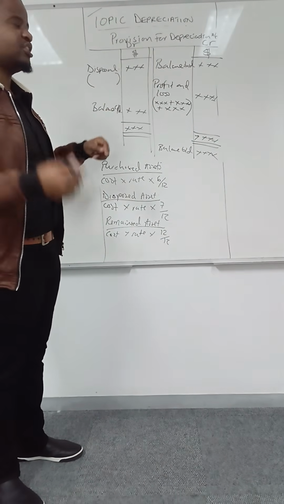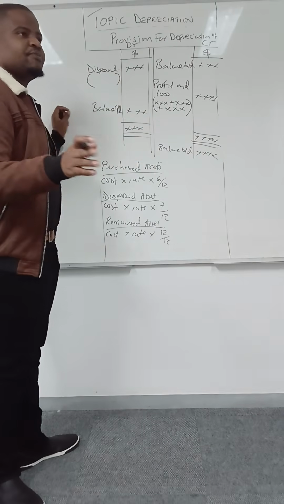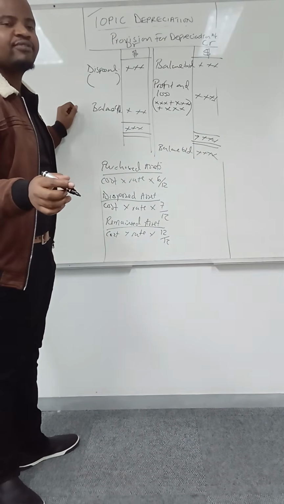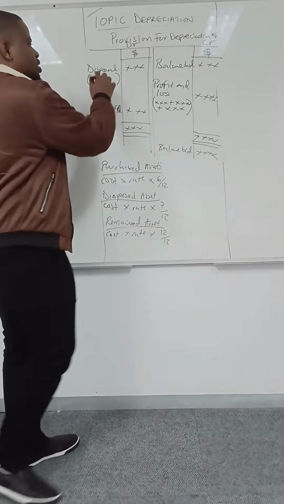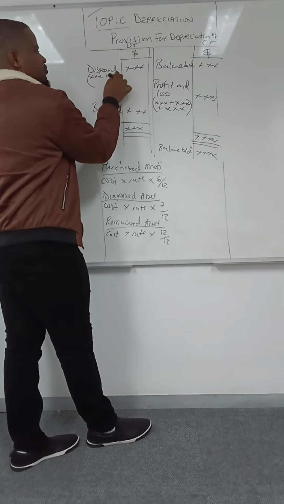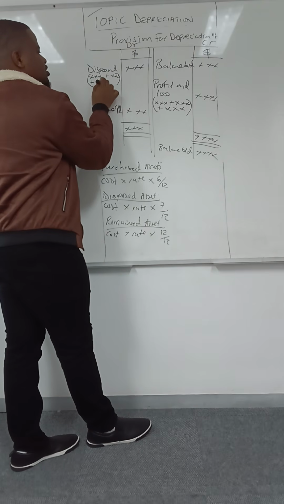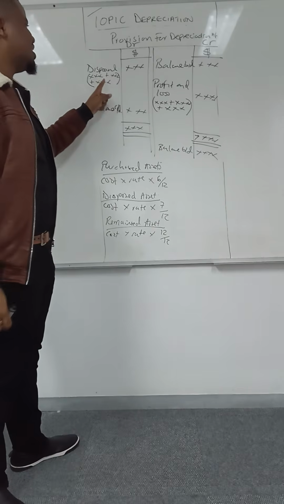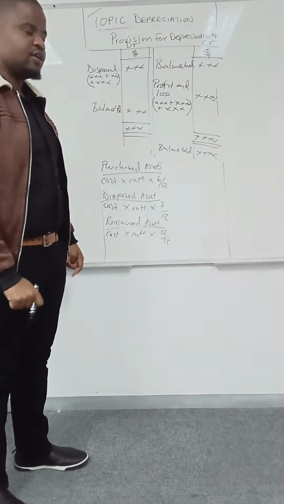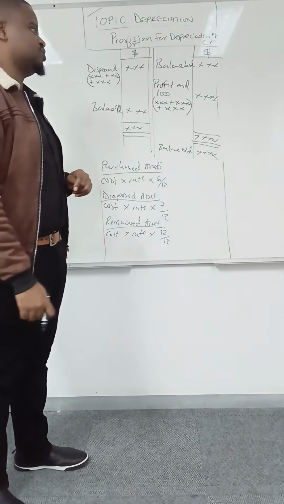So if let's say we purchased this asset in 2024, it means here we need to see depreciation for 2024 plus depreciation for 2025, then plus depreciation for 2026, because we are charging from date of purchase to date of disposal.